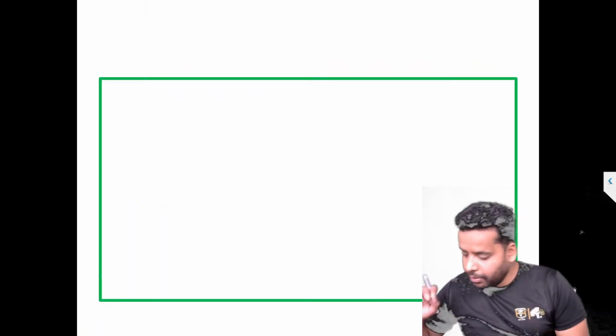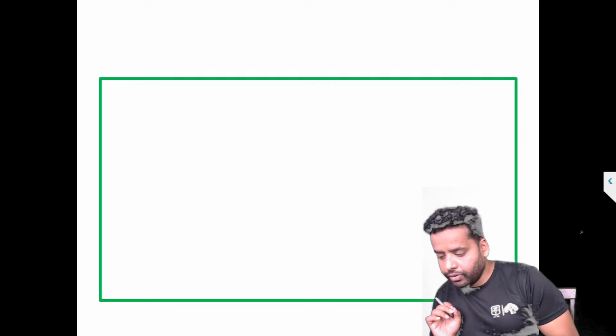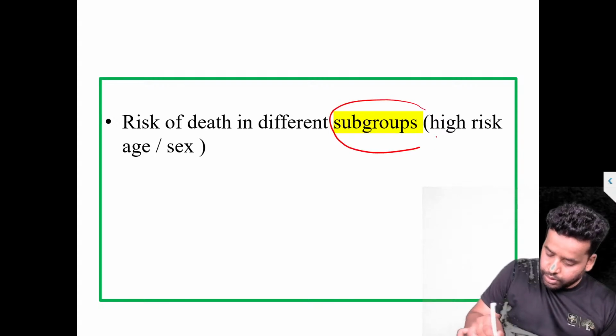Before that, tell me true or false. Listen, specific death rate, like age and sex specific death rate, can indicate risk of death in different subgroups. True or false? True statement.